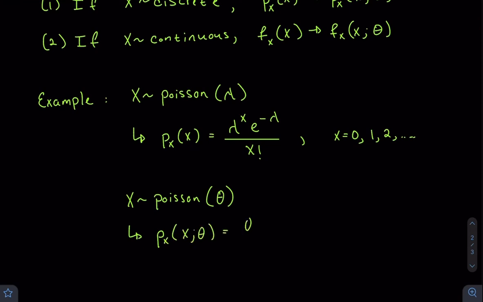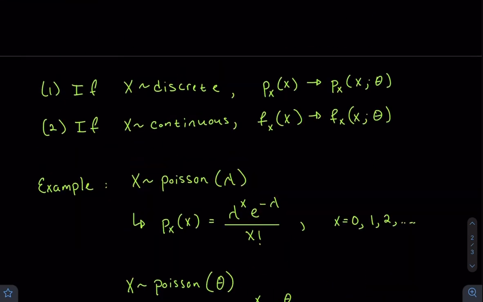So it would be theta to the x times e to the negative theta divided by x factorial with the same domain. And of course, the PMF is equal to 0 elsewhere, where x does not equal any other value from this domain.